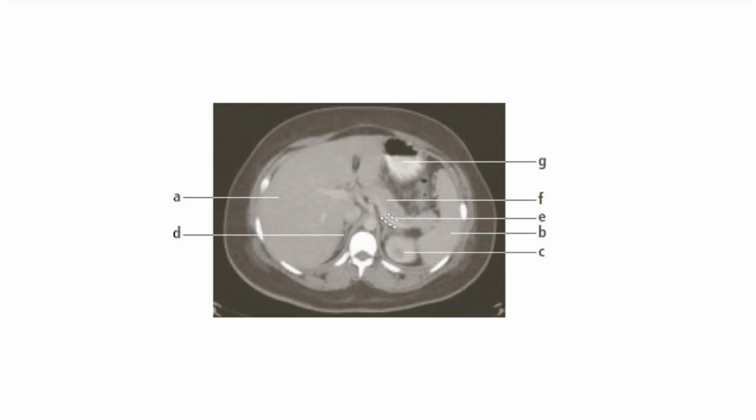Now let us see radiological images of abdomen. Let us mark the structures in this CT scan. A is right lobe of liver. B is spleen. C is left kidney.